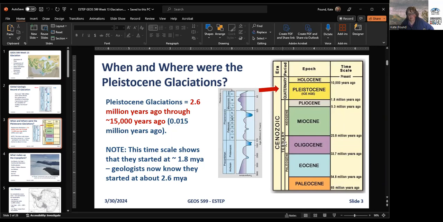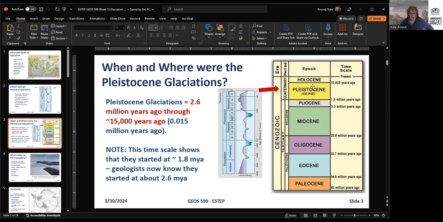It gets divided into the Tertiary, which goes from 65 million years to 2.6 million years. And I'll have that discussion with you in a moment. The time period between 2.6 million years and now is called the Quaternary, and it is divided into the Pleistocene and the Holocene.